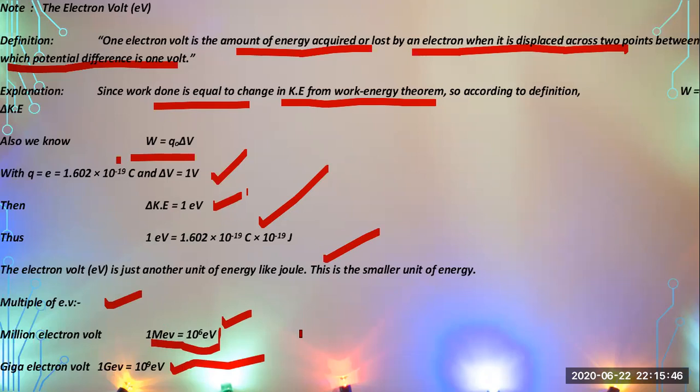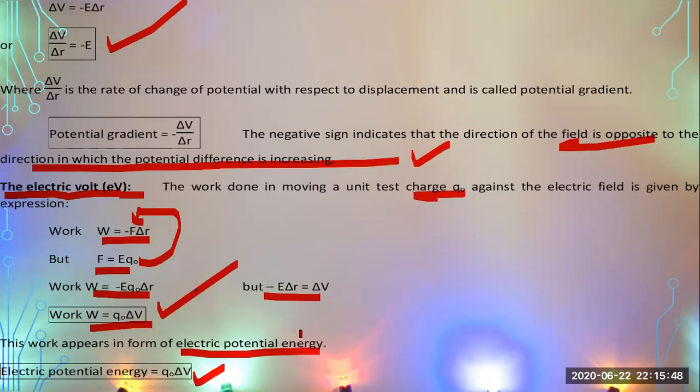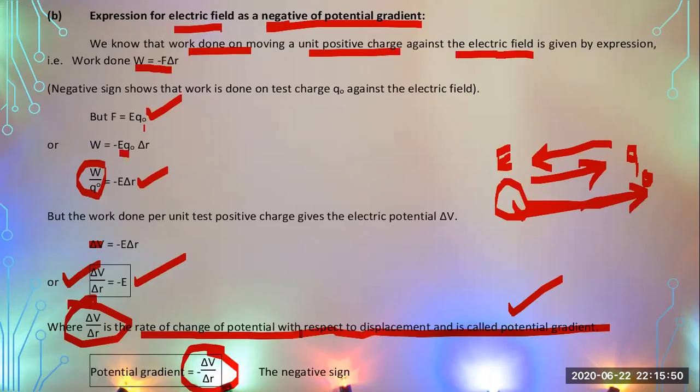Let's see the main points of this topic. First was the negative potential gradient. You started by calculating the work done, what type of force is used, and how the force is calculated when you move the charged particle Q naught in the field. Then you calculated work, and by using the definition of work done per unit charge, you defined electric potential.